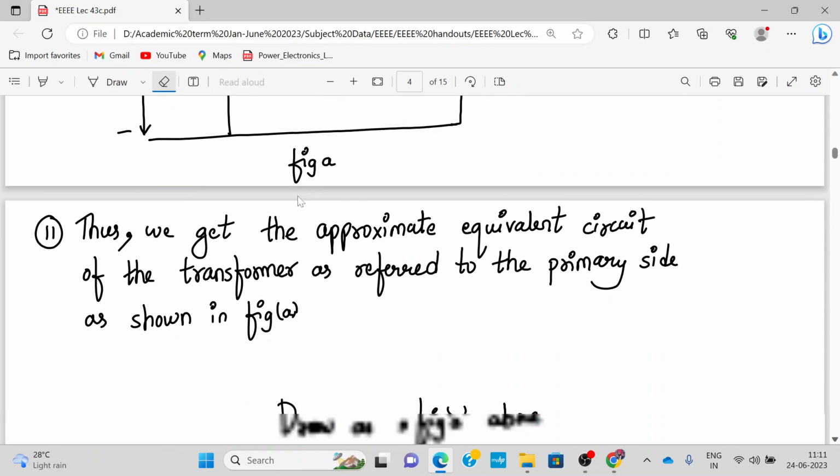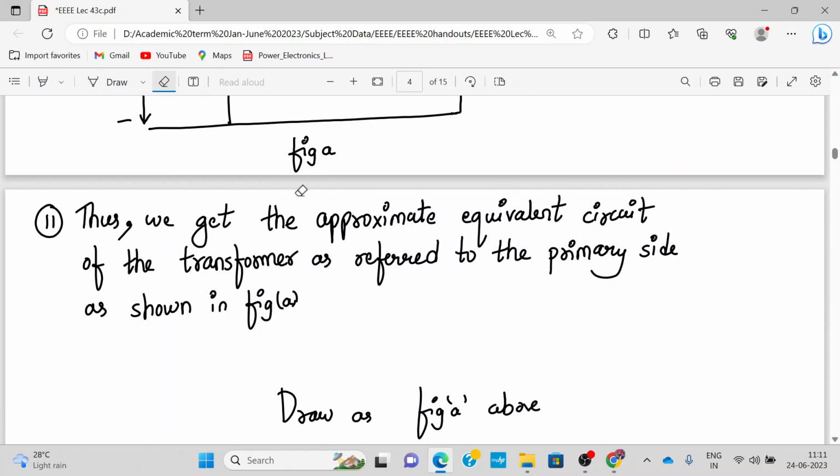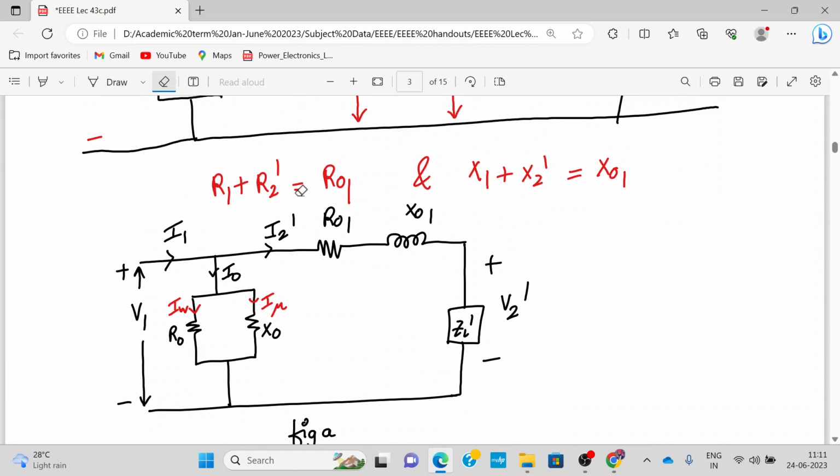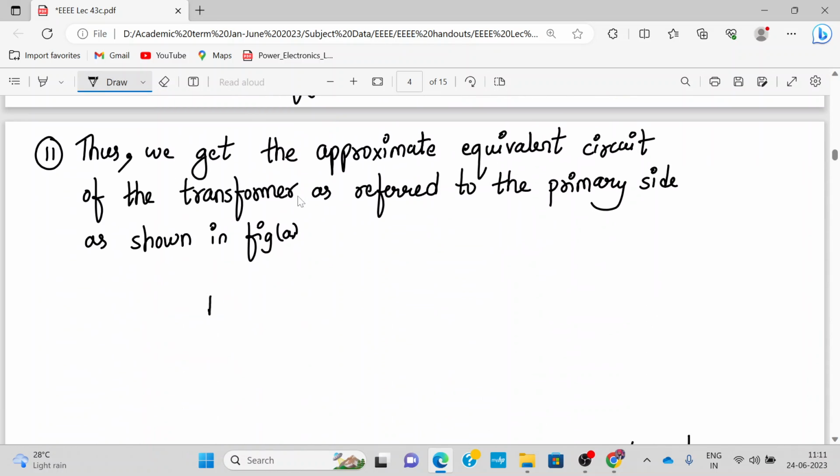Now let me write a few things from here. What is RO1? RO1 is basically R1 plus R2 dash. So let me add it over here. RO1 is, from that diagram, R1 plus R2 dash, and R2 dash is R2 upon K square.